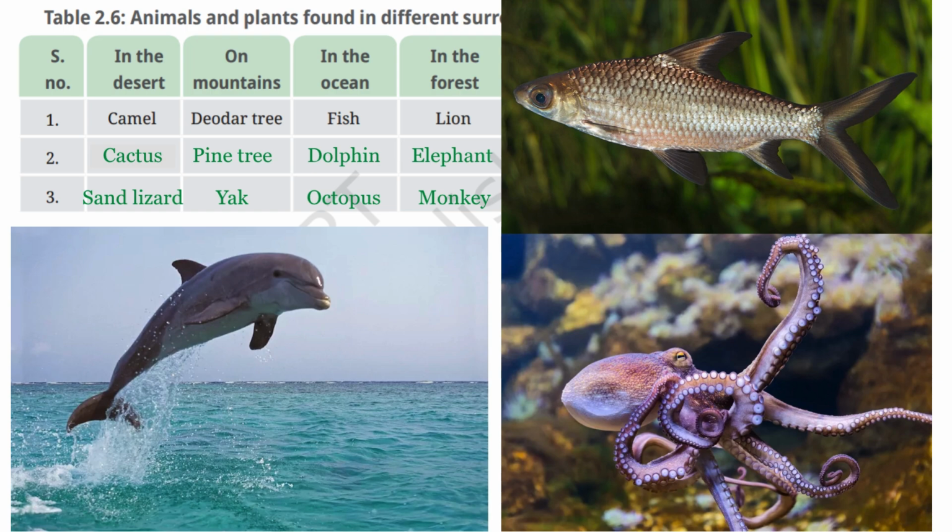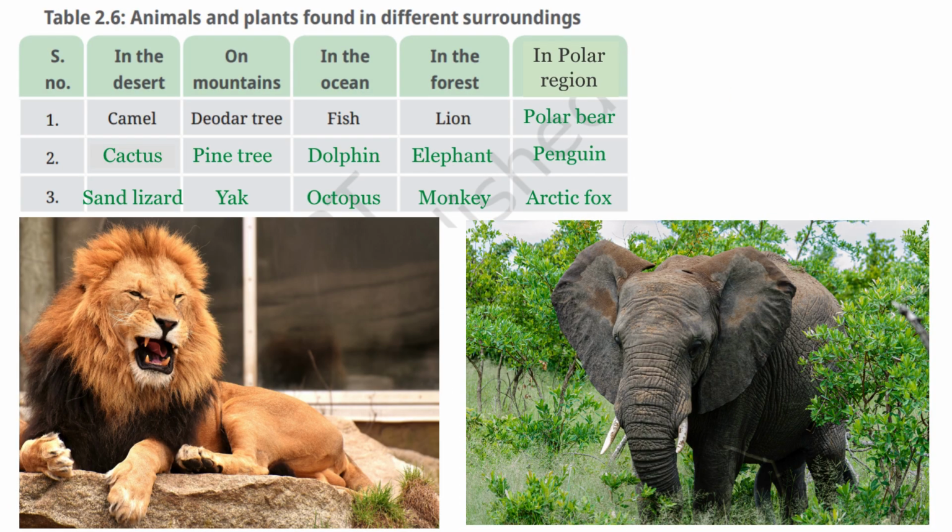While in the ocean, fish, dolphins, and octopus have streamlined bodies to swim easily. They use fins, tails, and tentacles for movement. In the forest, lions, monkeys, and elephants are found with plenty of trees and food.